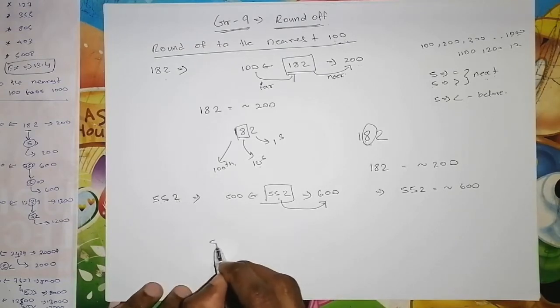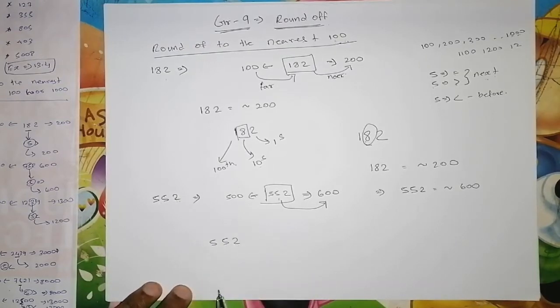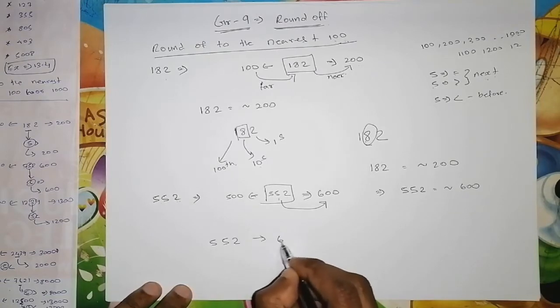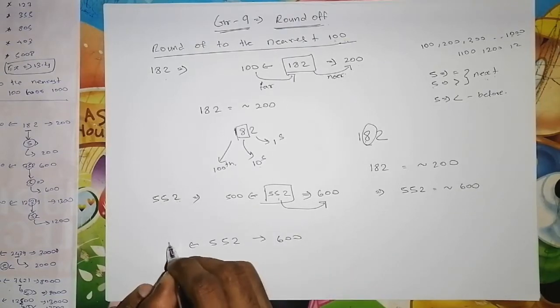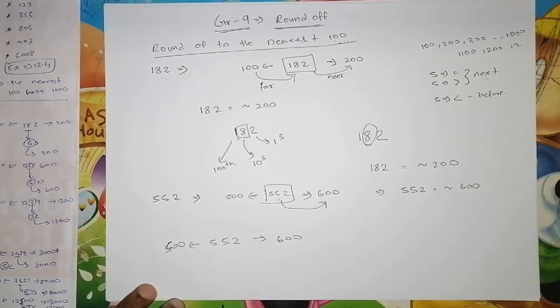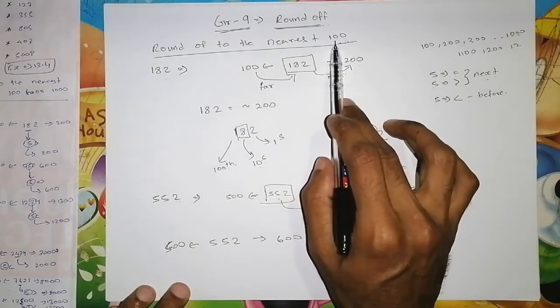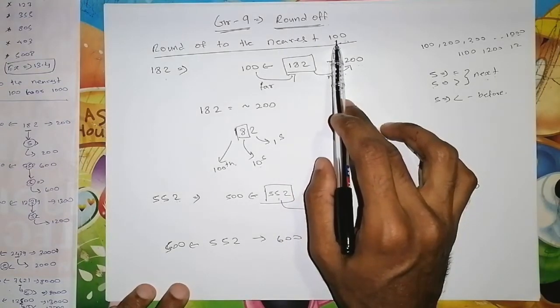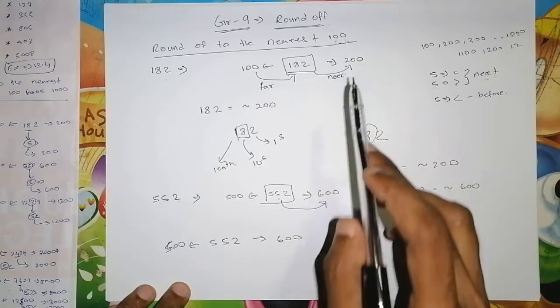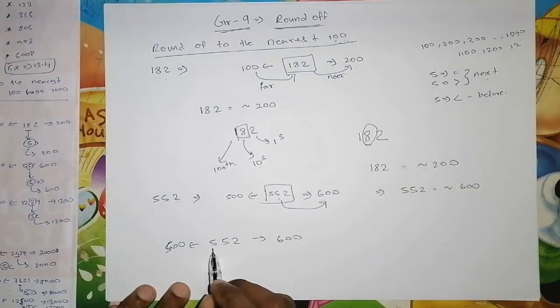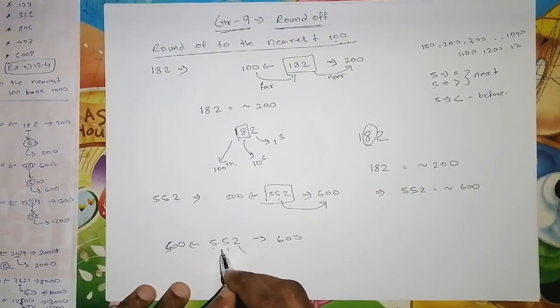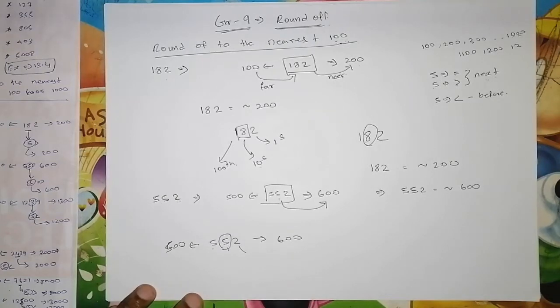Okay, what is the second method? 552 is between 600 and 500. If you want to round off to the nearest 100, you should check the 10th position. This is ones, this is tens. The 10th position digit is 5.